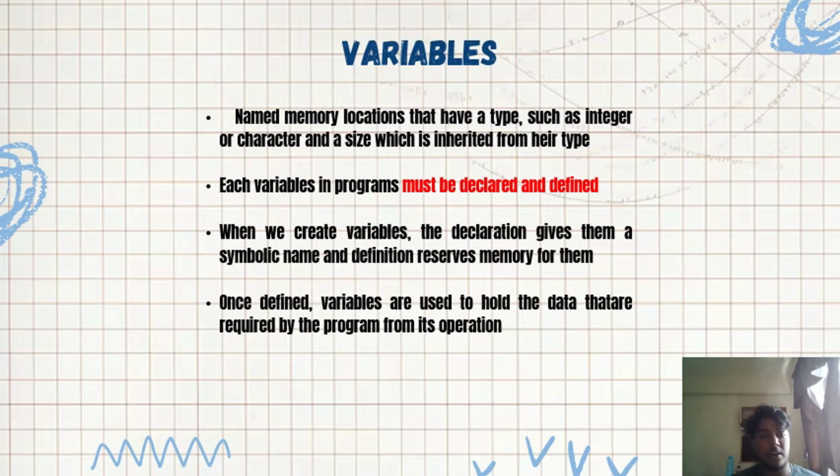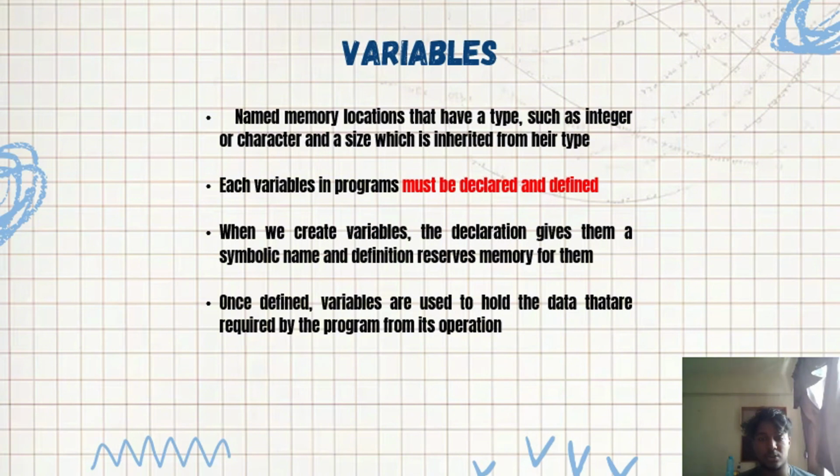Now we're going to talk about variables. Variables are named memory locations that have a type such as integer or character and a size which is inherited from their type. Each variable in a program must be declared and defined. When we create variables, the declaration gives them a symbolic name and the definition reserves memory for them.